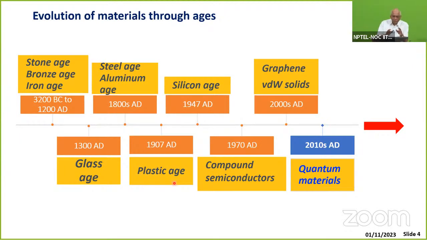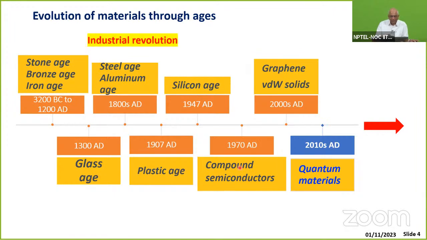If you look at the evolution of materials through the ages, going from BC onwards, we have the Stone Age, the Steel Age in the 1800s AD, then the Silicon Age starting in 1947 with the discovery of the transistor, then the Glass Age, plastic, compound semiconductors, which revolutionized the information age, then the discovery of graphene, two-dimensional solids, the van der Waals solids.